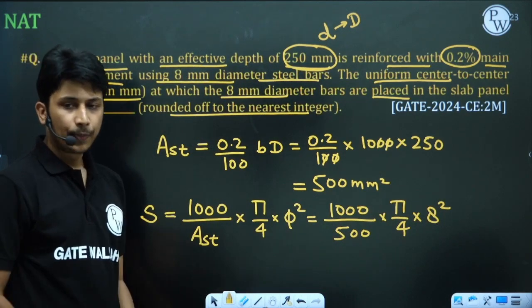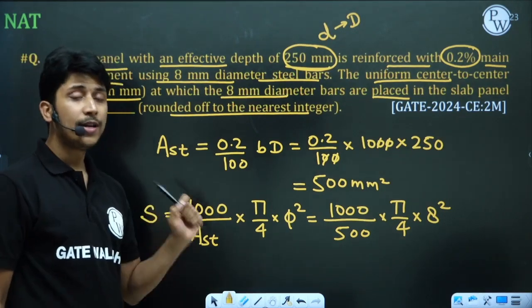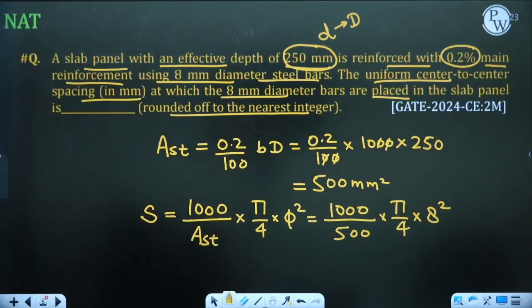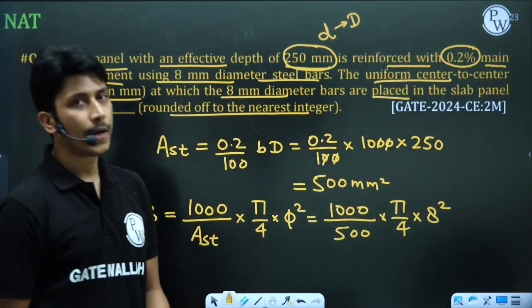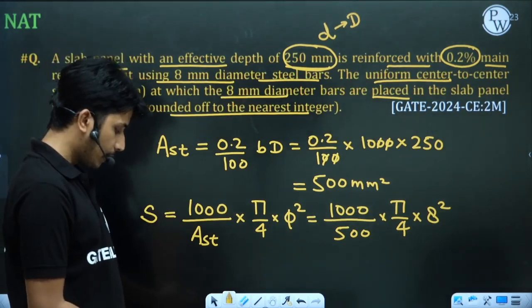Now you will do the calculation 3 points after decimal in your virtual calculator. I am doing this in a normal calculator, but in the exam you don't have a normal calculator, you have a virtual calculator. So you will do these calculations in the virtual calculator.